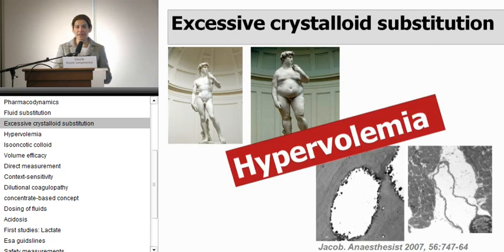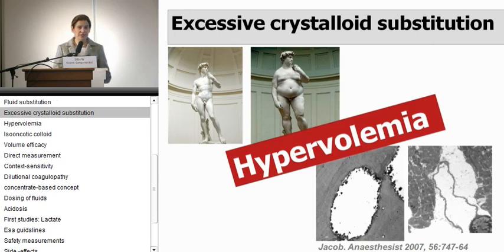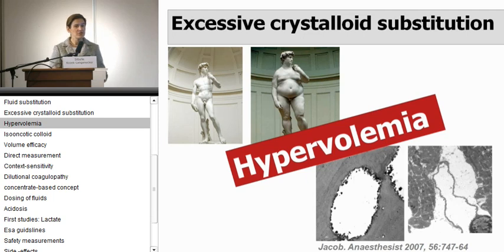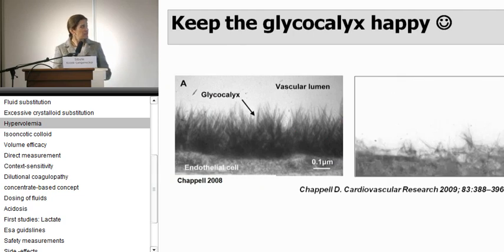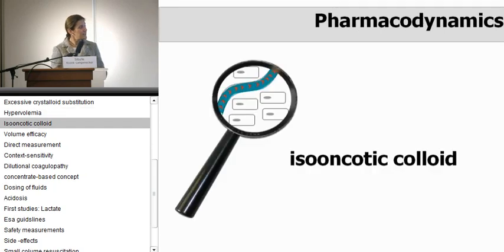Hypervolemia is as bad as hypovolemia, and especially in the situation of hemorrhagic shock. It is so tricky and so hard not to give too much and end up in hypervolemia in this dynamic acute situation. Because this, and we have heard earlier about that, may deteriorate the glycocalyx, and giving too much destroys it. So we have to take care of the soft layer of the glycocalyx.